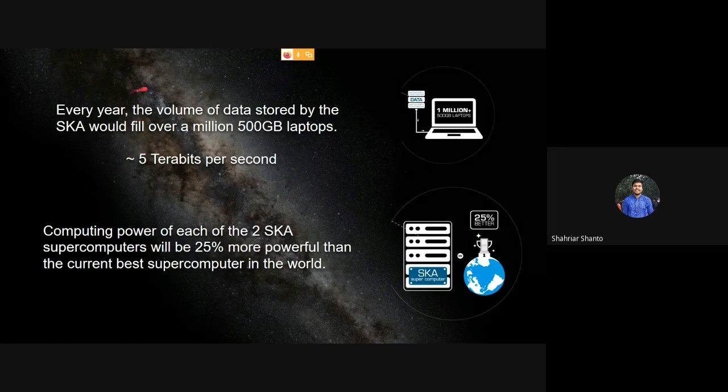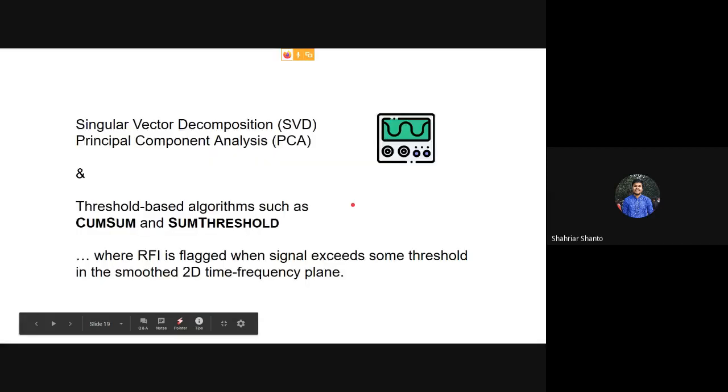And to process all this data, the SKA will have 2 supercomputers, and each of them will be 25% more powerful than the current best supercomputer in the world. So there is no denying that we have so much data and also so much radio frequency interference coming with it. So we have to have some robust technique to detect and mitigate the interference from the data.